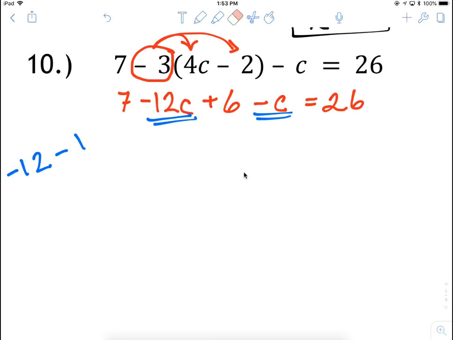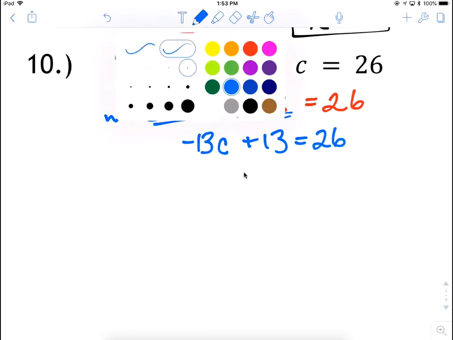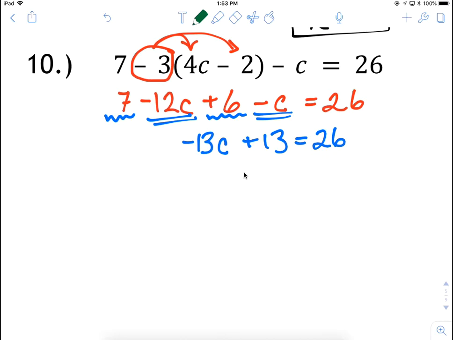Okay, if you type that in your calculator, you're going to get negative 13 c's. Well, I also have some constants. I have some 7 and plus 6 more. Don't use the 26. He stays away right now. But 7 plus 6 is going to make a positive 13. We're going to bring down our 26 that we haven't used yet, and we are ready to start solving.